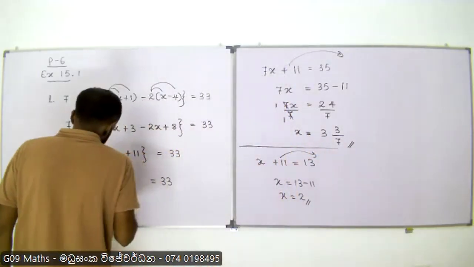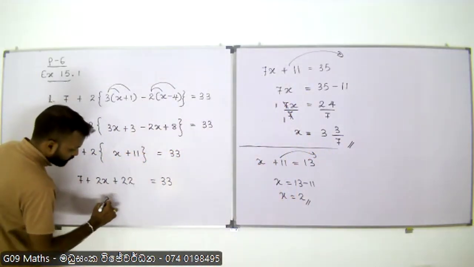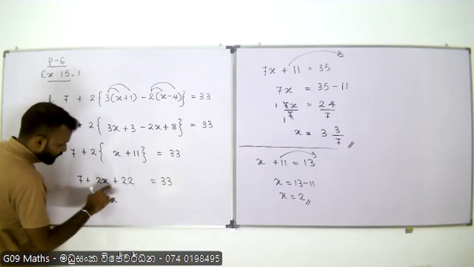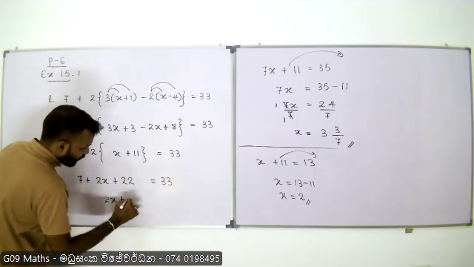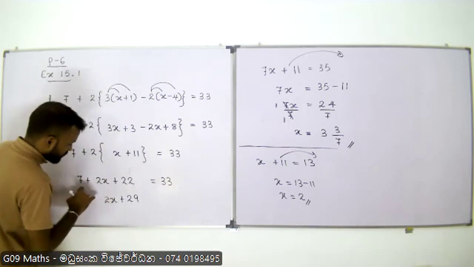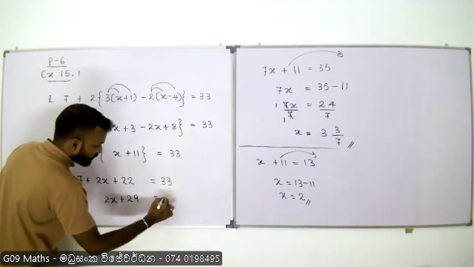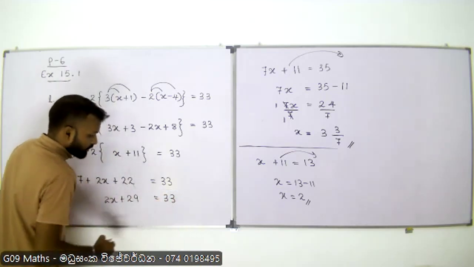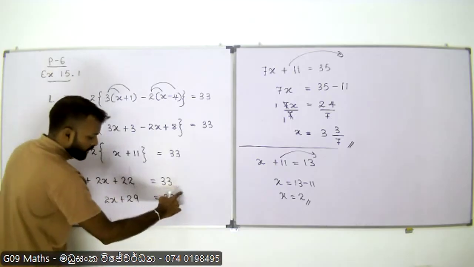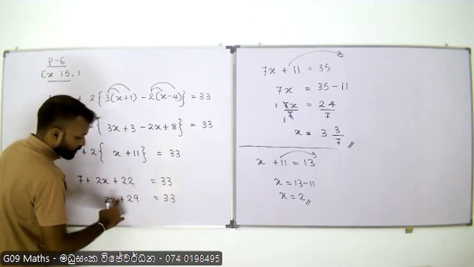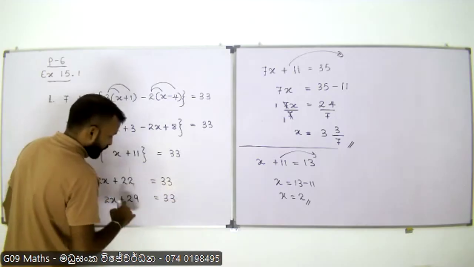So now here you have 2x. 7 plus 22, 29. 7 plus 22, 29 equals 33. So 29 can be taken to this side. Positive 29, negative 29, cancel out.